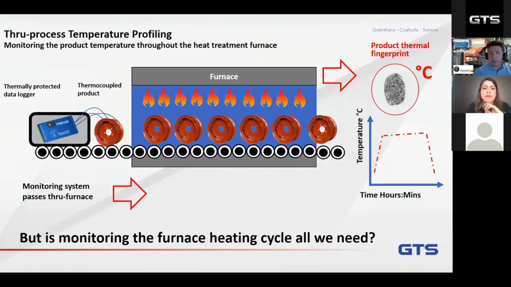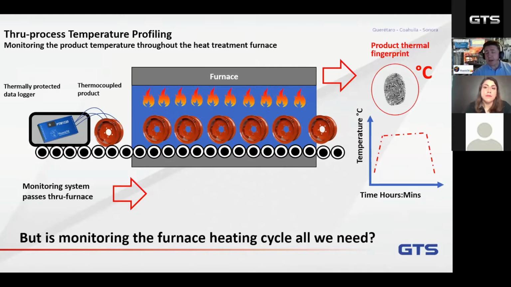In order to monitor the product temperature, we really need the temperature of the product, not necessarily on the surface, but maybe in the core of the product, and not just at unique points in the furnace, but all the way through the furnace. So in order to achieve that, you can use a technique referred to as through process temperature profiling, whereby a monitoring unit or a data logger travels through the furnace, measuring the product temperature with thermocouples.